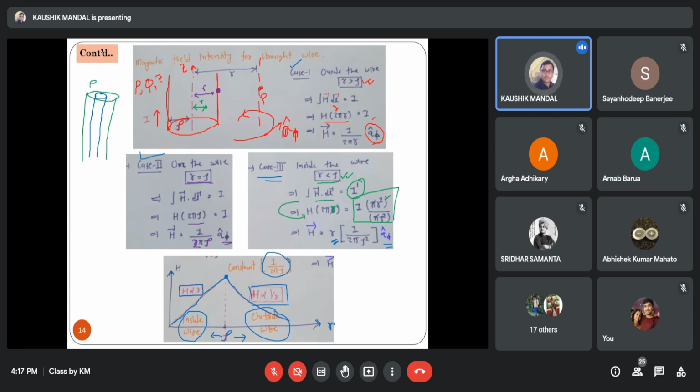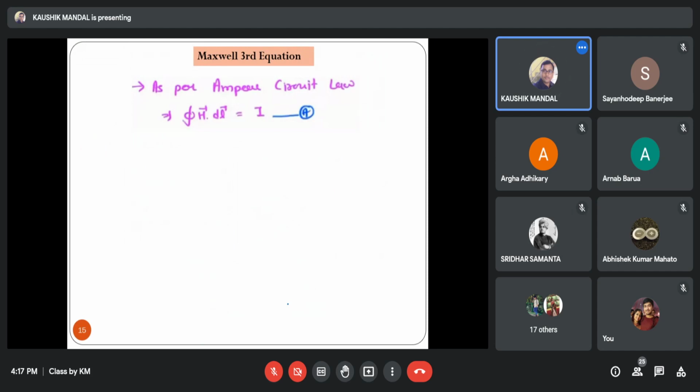we can consider this case study also to find out the relation between the magnetic field strength with respect to the test point. So in connection with Ampere's circuit law, now we can move to Maxwell's third equation.